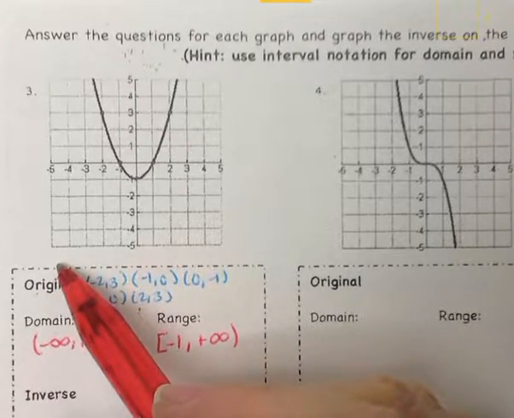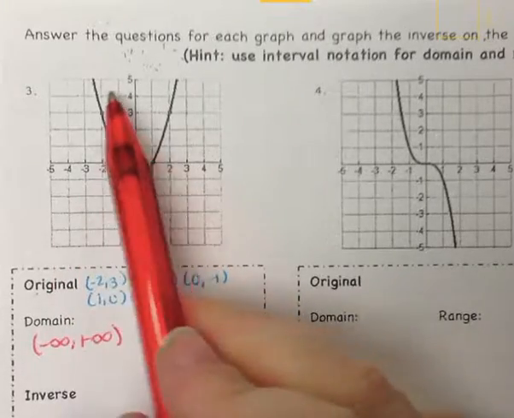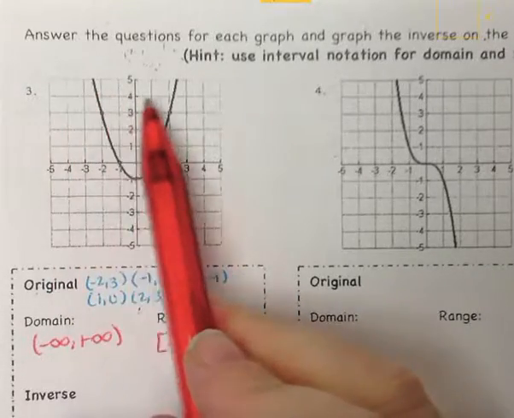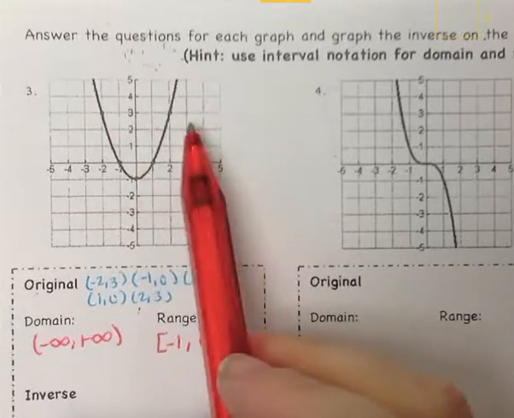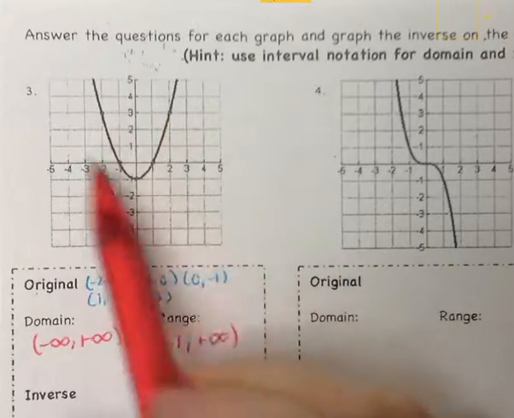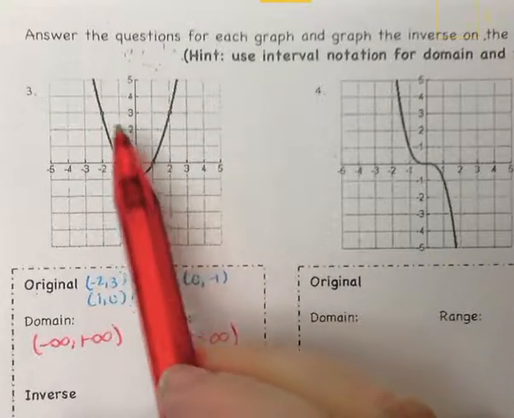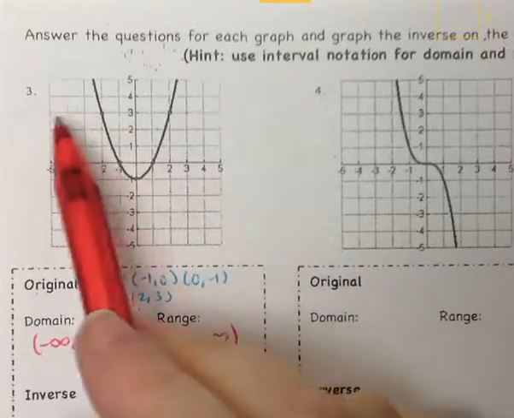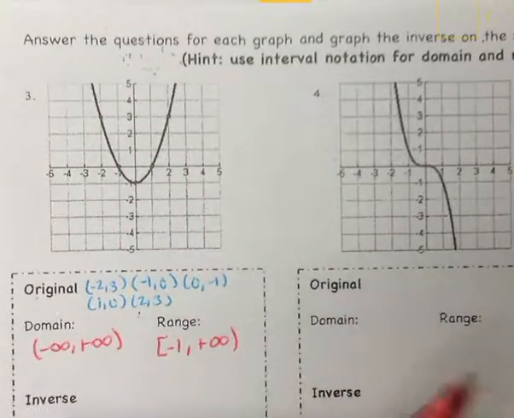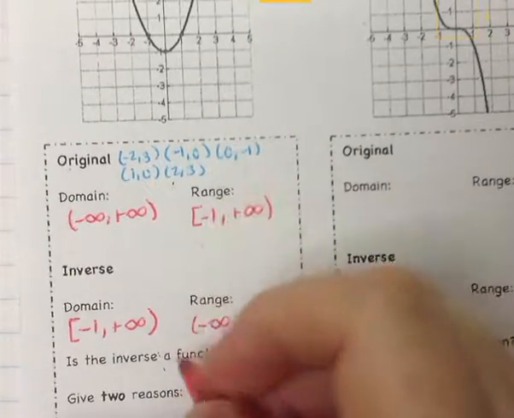So I will do the inverse of the vertical line test, which is the horizontal line test. So if I were to draw horizontal lines on here, it would not pass it. That doesn't tell me anything about this graph right now. It tells me about the inverse's graph. The inverse's graph would not be a function. So is the inverse a function?